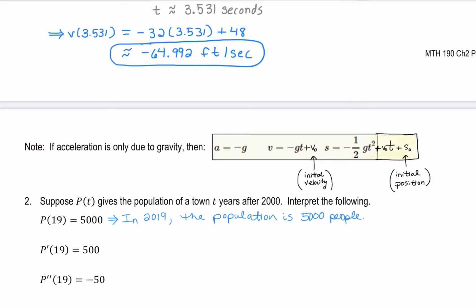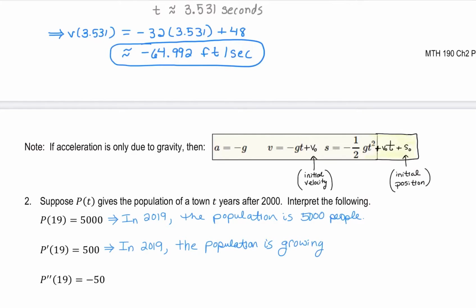Input, output with labels. All right, the next one we have the first derivative, the rate of change. So again, it's important to say at the point of interest, so in this case, t equals 19, practically speaking, in the year 2019. Now we're talking about how fast the population is changing. The derivative is the rate of change of that original function. So we would say something like the population is, and it's positive, that derivative is, so we would say it's growing.